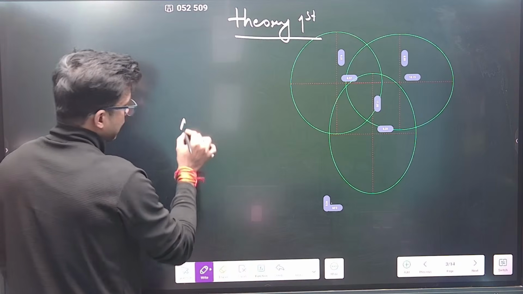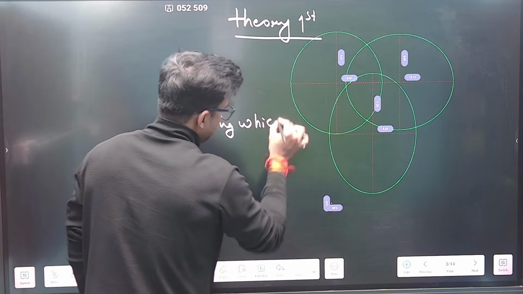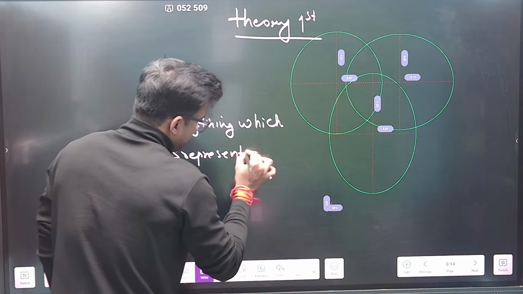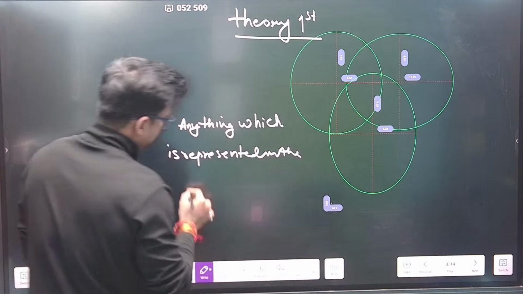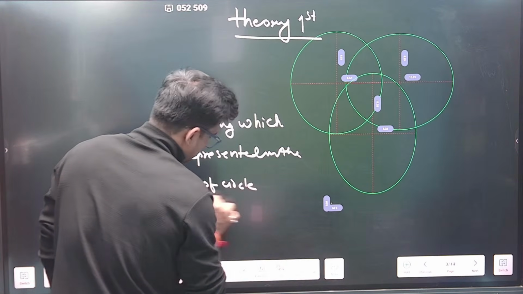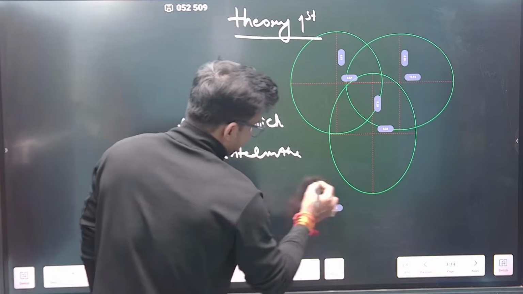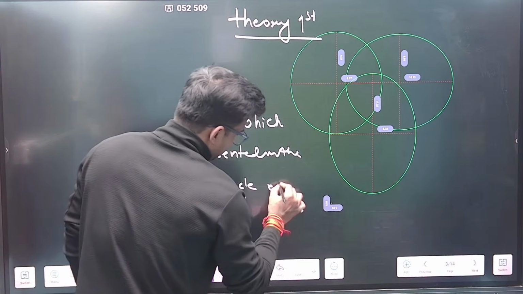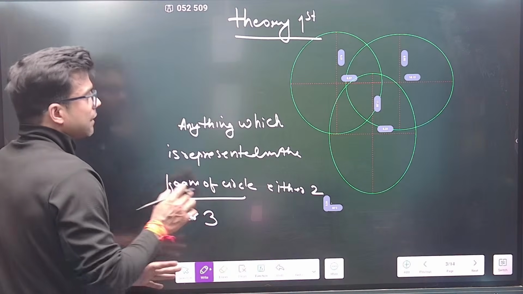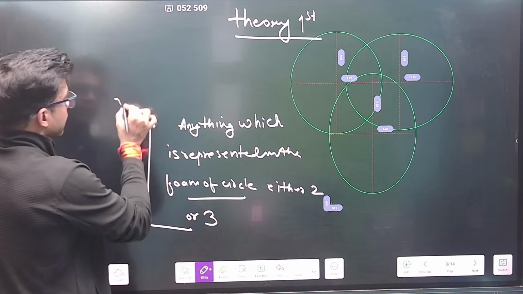You can write down the theory: anything which is represented in the form of circles, either 2 circles or 3 circles, is a representation of data in circle form, and this is basically called a Venn diagram. Correct?